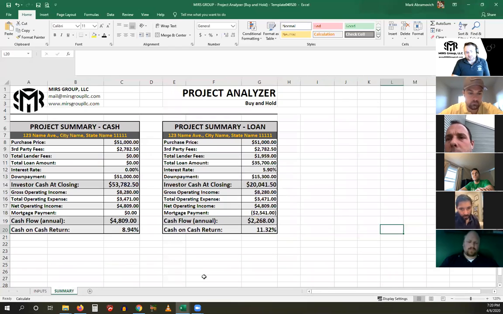In the summary, you can go into it, and this calculates the cash on cash return if there's no mortgage. So you can compare side by side what your numbers are doing based on whether it's cash only or with financing on it, and whether financing is improving it or hurting the returns.